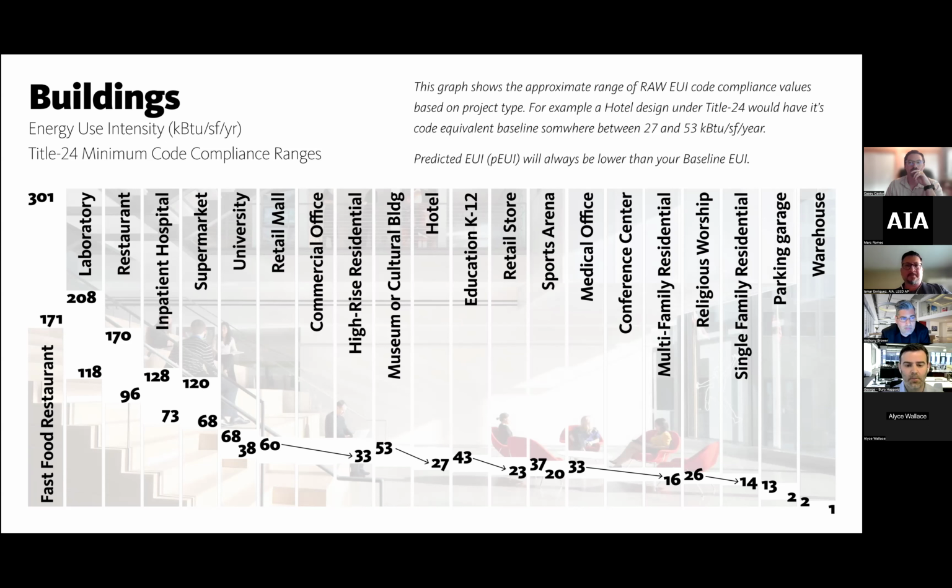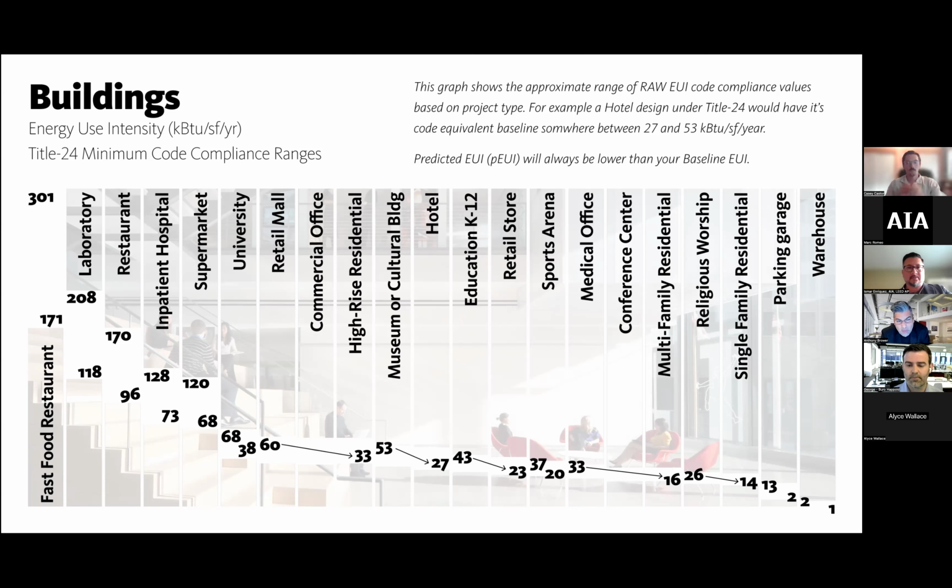I think if you see something with 3 digits, it normally implies that you have a large process load, whether that be a university with fume hoods or whether it be something with compressed air or some type of manufacturing. But for the non-process driven spaces, you're going to have less than 3 digits. Yeah.